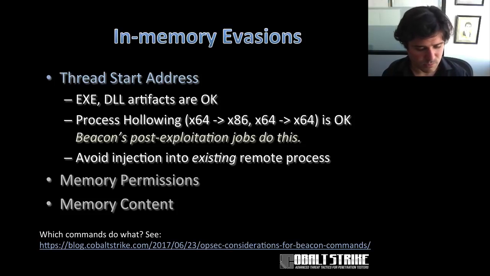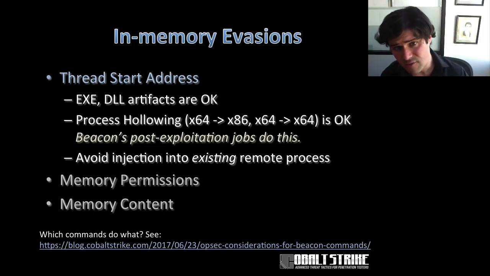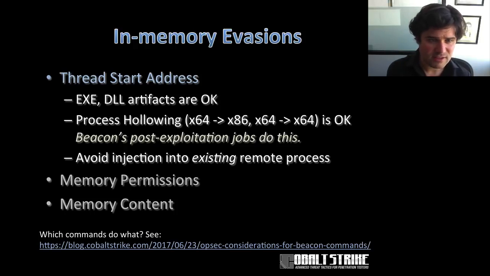Word of warning though, you really only get that benefit when you're using a 64-bit beacon on a 64-bit target and a 32-bit beacon on a 32-bit target. If you're in a 32-bit beacon on a 64-bit target and you need to spawn a 64-bit post-exploitation job, then Cobalt Strike's going to have to fall back to the create remote thread method of remote process injection, and that will look like garbage to this heuristic.